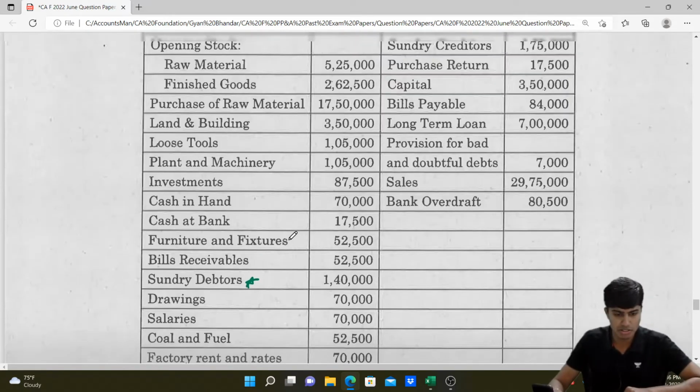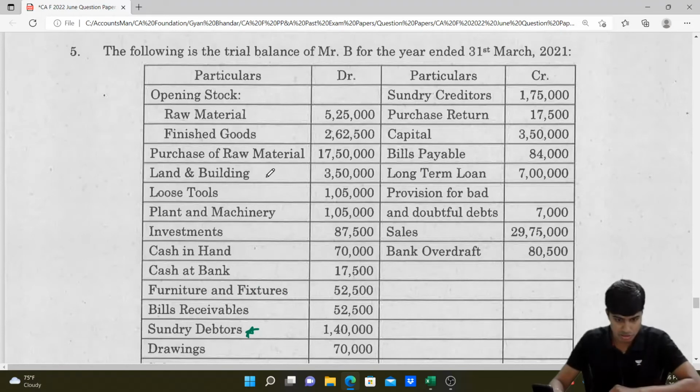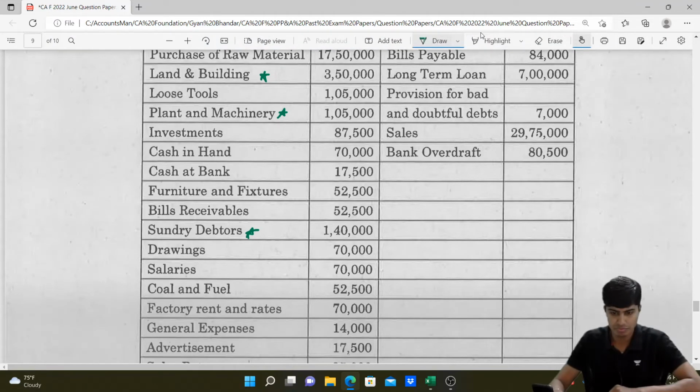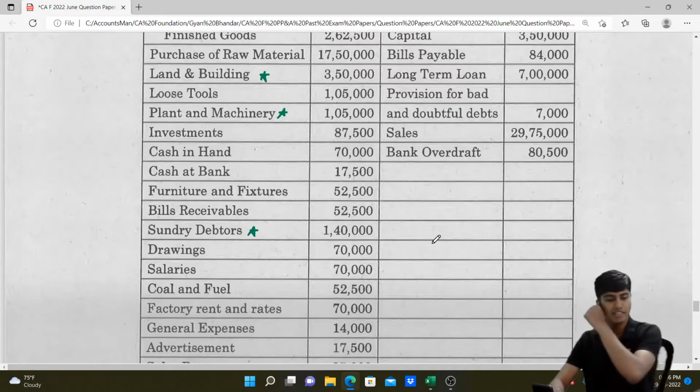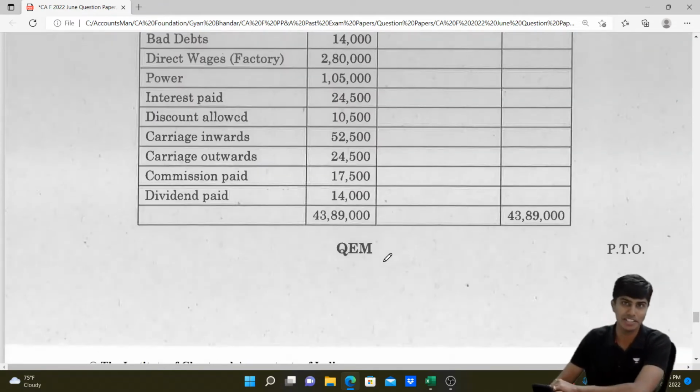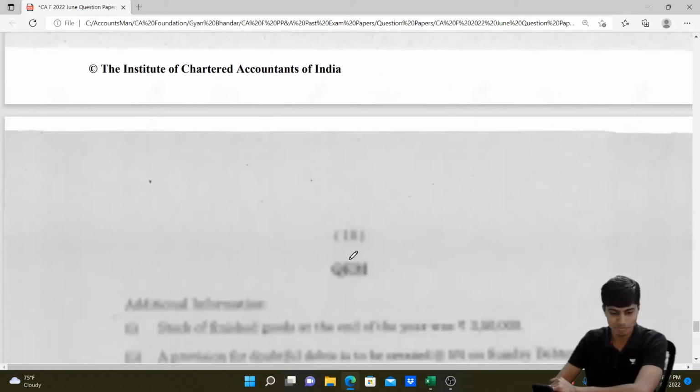So I'll make a marking next to building and next to machinery. Building, machinery, debtors. These items have adjustment. So when we post these items to balance sheet, let us write them in the inner column, adjust them and then post the balance to the outer column.